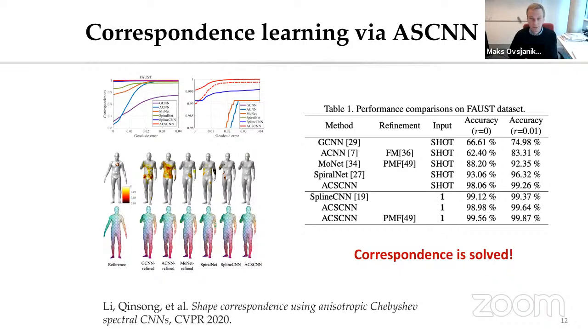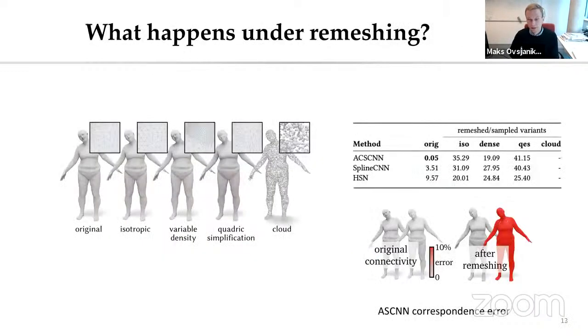But now this is where the noise issue comes in. If you do a little bit more analysis, you take these shapes and train for correspondence with the original shapes, but then just remesh them a little bit, so you modify the mesh triangulation, all of a sudden an error that was close to zero jumps to something extremely high. This plot shows the distribution of the error, and this is 10% of the shape diameter.